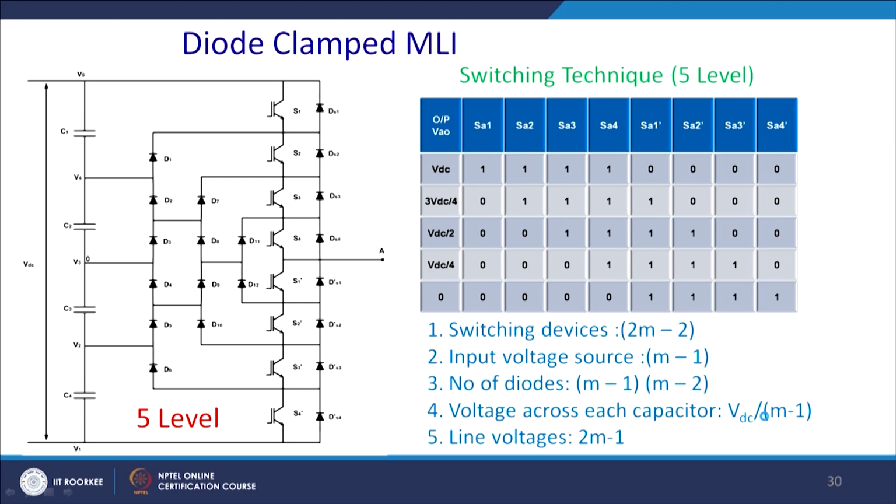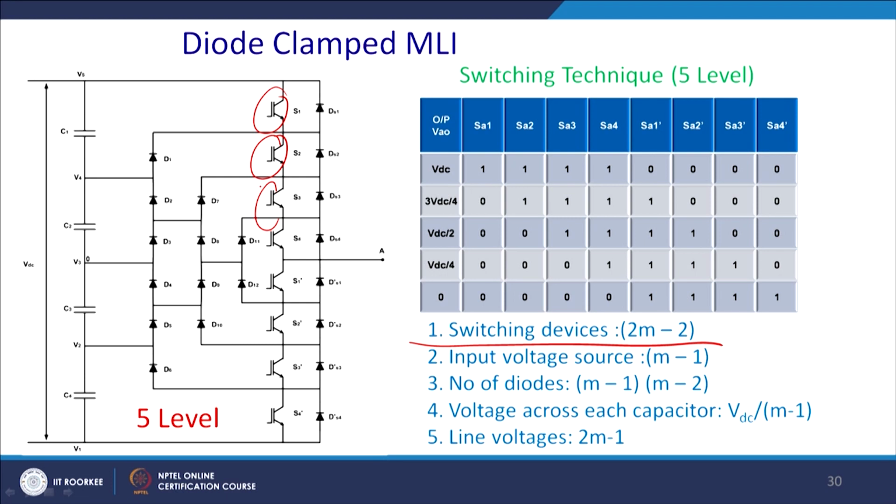Here we can generate, this is basically a 5-level multi-level inverter, and there are some calculations written. Please understand that. The number of switching devices is 2m minus 2. These IGBTs are the switching devices.